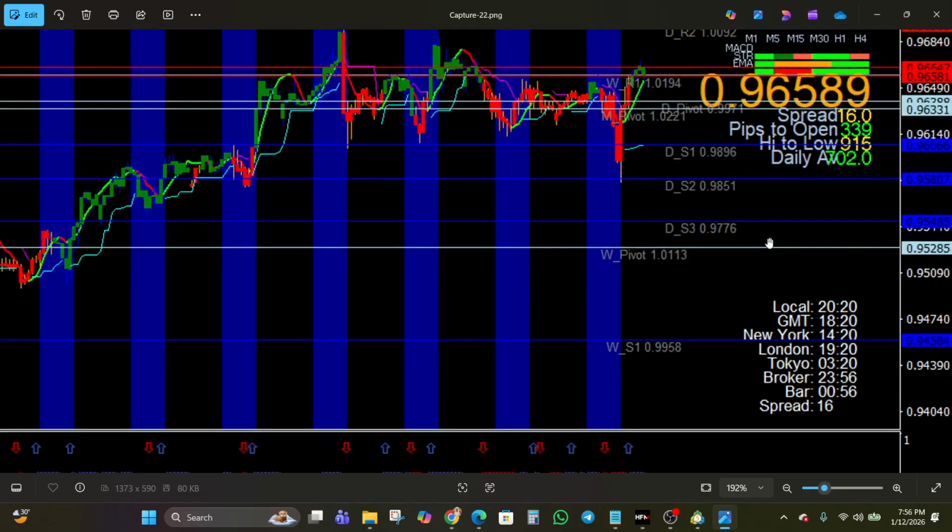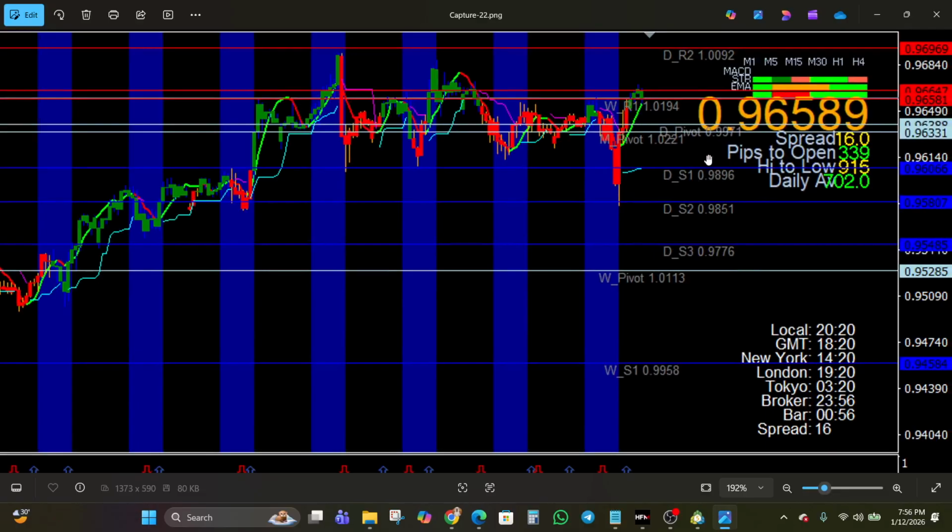And if you look closely, you will also notice important support levels, resistance levels, pivot points. Of course you can see the price, and some multi-time frame information here, the trend across different time frames, MACD, STR, and the EMA, right?